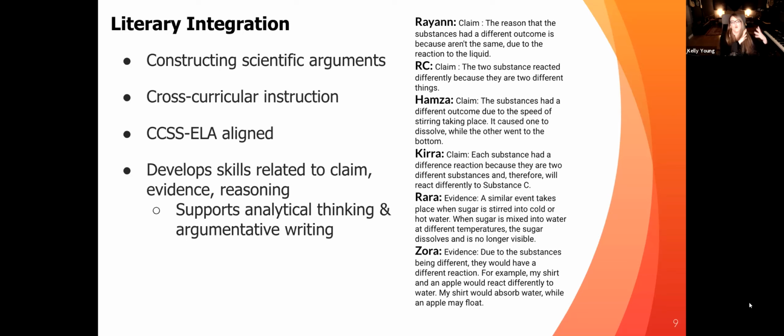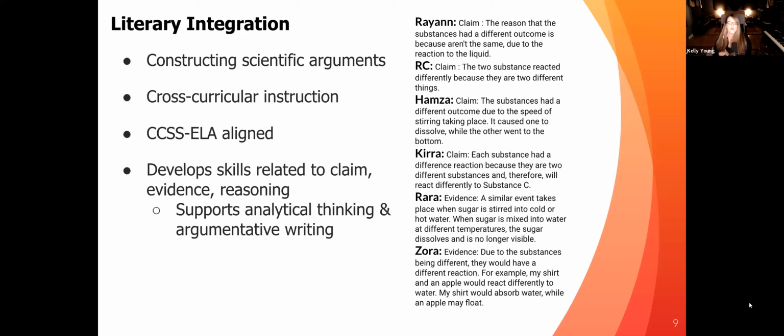We were able to take what they were doing in terms of their scientific arguments, and Amplify was really supporting the construction of scientific arguments with the cross-curricular instruction that takes place within every single one of their units. And the reason that takes place is because these units are so wonderfully aligned with your Common Core English Language Arts standards.